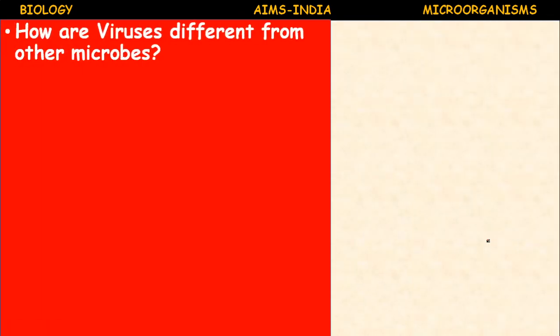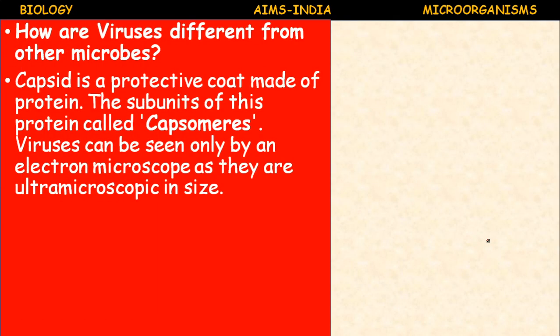Next, how are the viruses different from the other microorganisms? Once again, let us know more. The capsid. Capsid is a protective coat made of protein. A virus is nothing but a nuclear material covered by means of a cap-like structure called capsid.